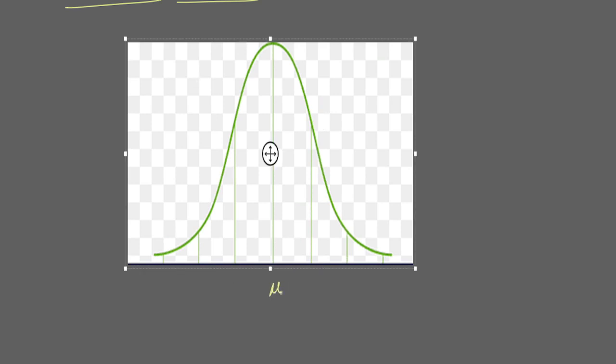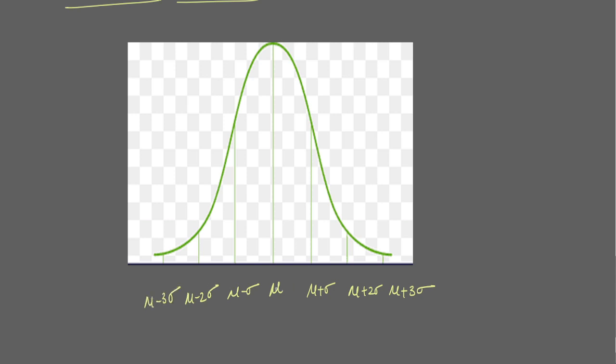As we know, this mu is the center line. The center line represents the mean, and this is mu plus sigma, mu plus 2 sigma, mu plus 3 sigma, and on the left hand side mu minus sigma, mu minus 2 sigma, mu minus 3 sigma.